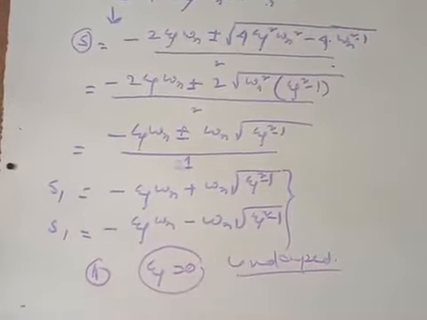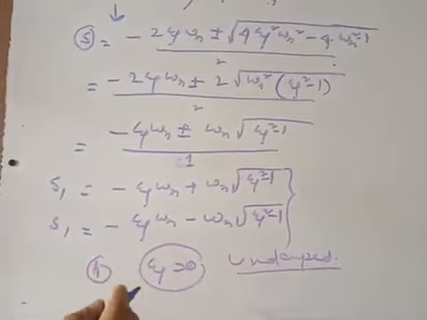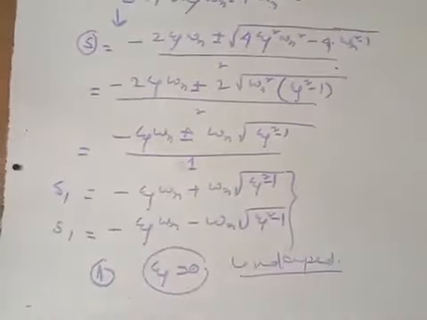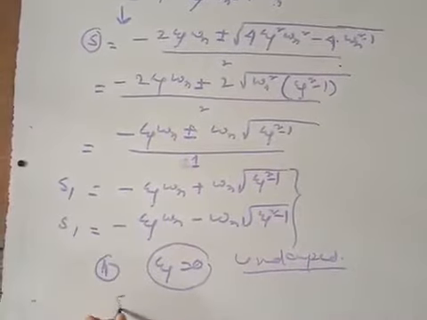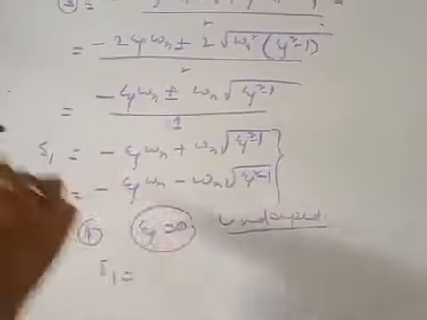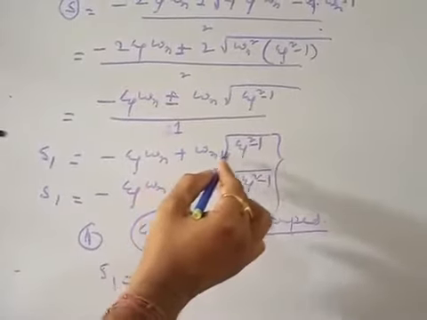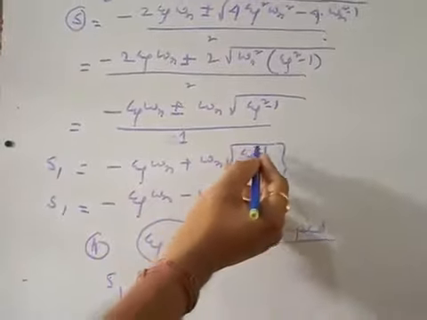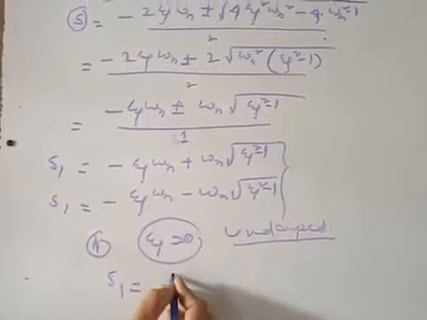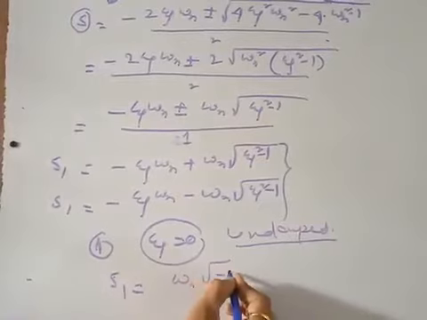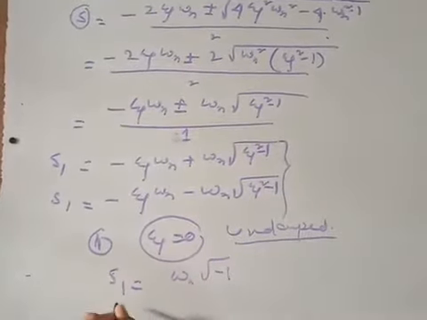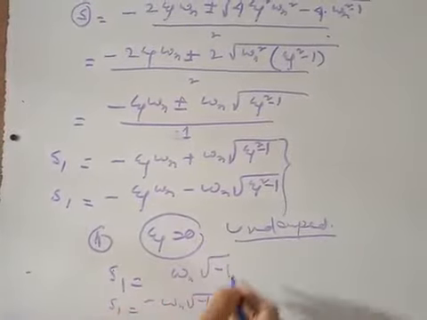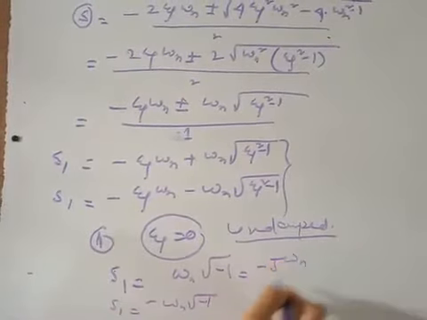Undamped means natural frequency of oscillation. That means this is oscillatory in nature, purely oscillatory, no damping is applied. So if you put xi equal to 0, what happens to the locations of the poles? S1 is equal to omega n root over minus 1, and S2 is equal to minus omega n root over minus 1, that is, plus j omega n and minus j omega n.